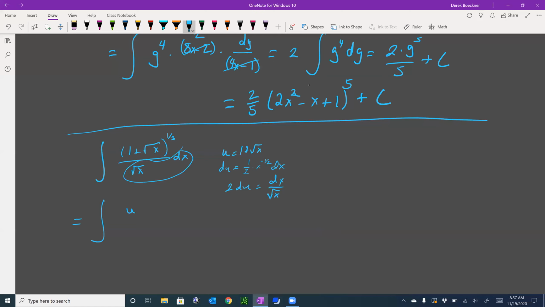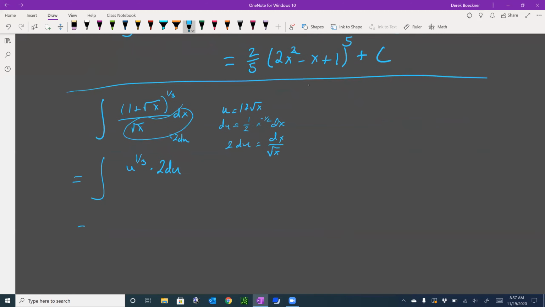This is the integral of u to the 1/3 times, well, this is equal to 2 du, so times 2 du. Then I can use just the power rule there. So u to the 4/3 divided by 4/3 times 2 plus a constant.